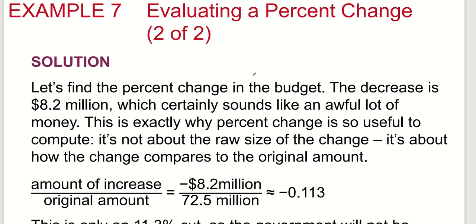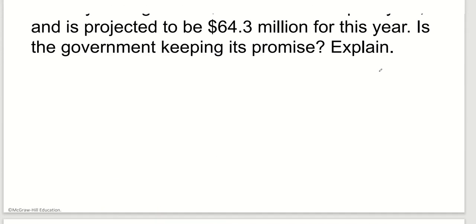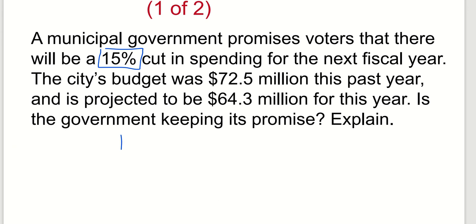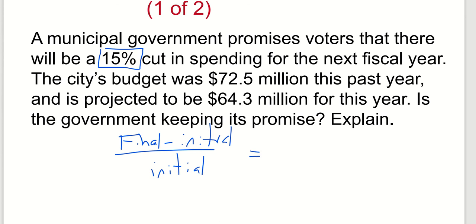So let's go ahead and compute the percent change. It's final minus initial, all divided by the initial amount. When we set this up, the final amount, which is the current amount, is the 64.3 million.